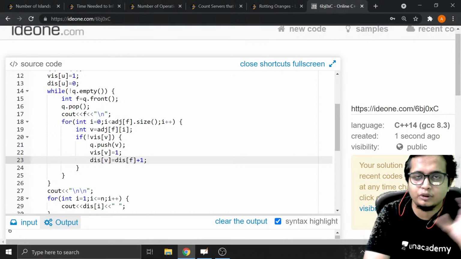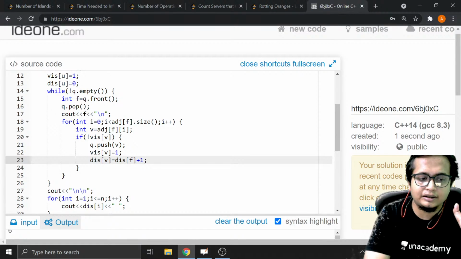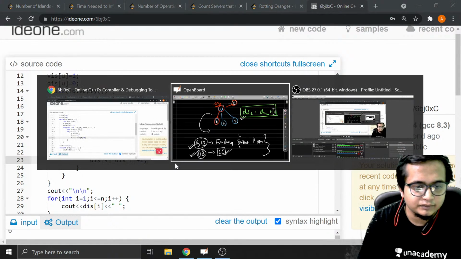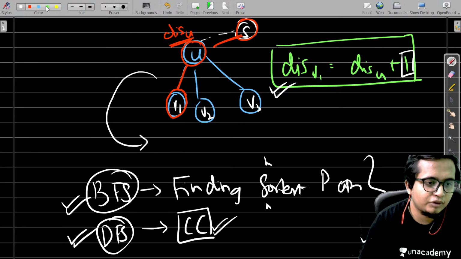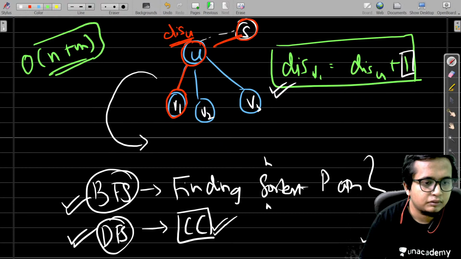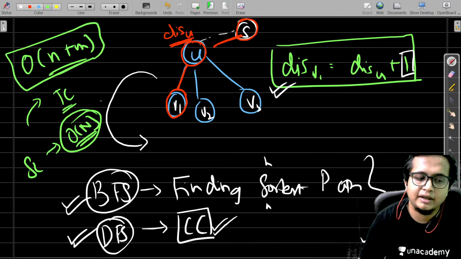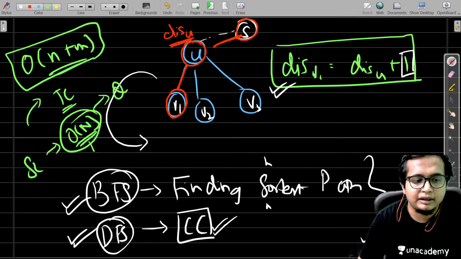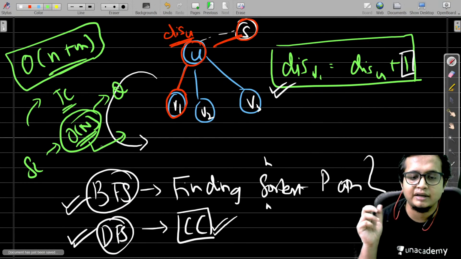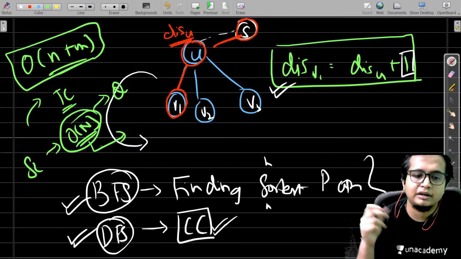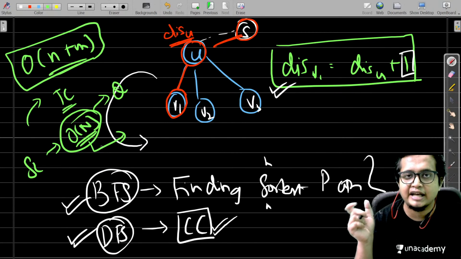Now the entire theoretical concept of DFS and BFS is covered, and I hope you understand the code as well. Let us quickly discuss the time complexity. The time complexity for both DFS and BFS is O of N plus M. The space complexity for both is O of N. In BFS you use a queue, and in DFS you may wonder why it is O of N, but in DFS you are using the stack space.